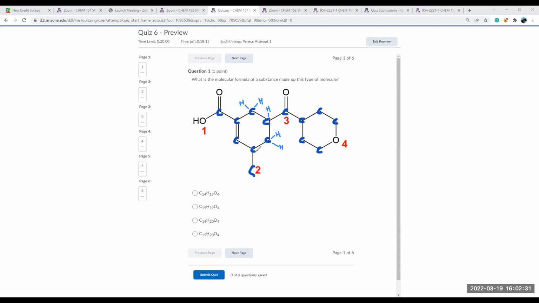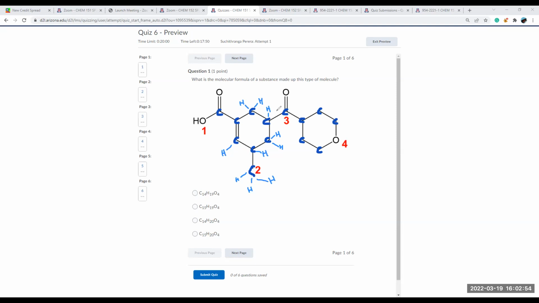Okay, we have 3 here, we only need 1. This carbon has only 1 bond, therefore we're going to need 1, 2, 3 bonds to fulfill the common bonding pattern of the carbon, and only 1 here because we already have 3, only 1 bond is needed.